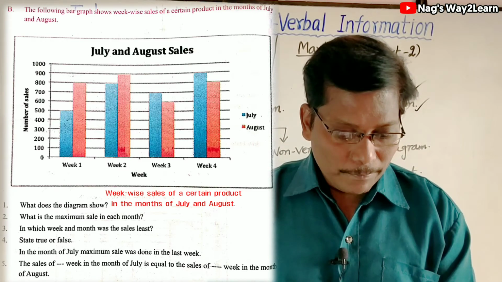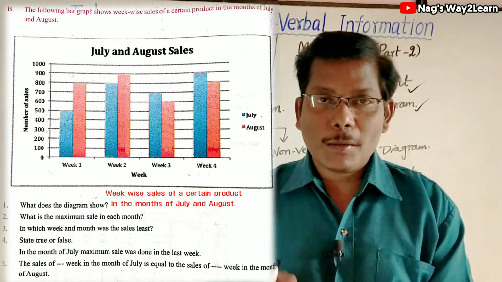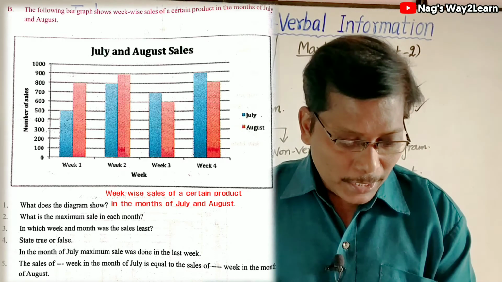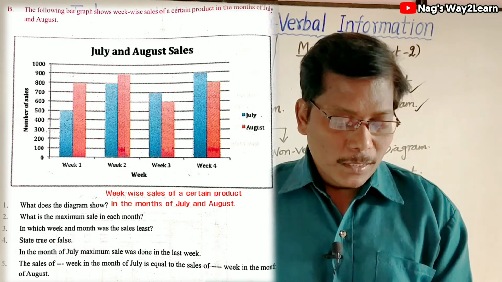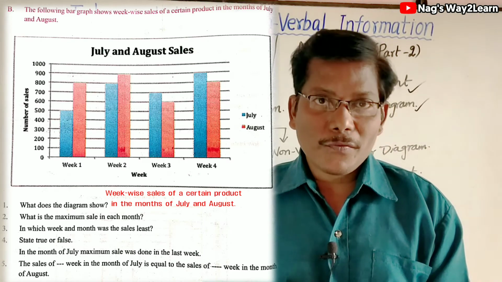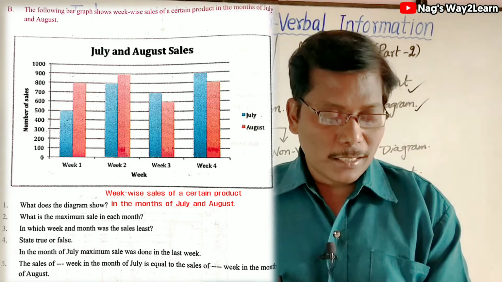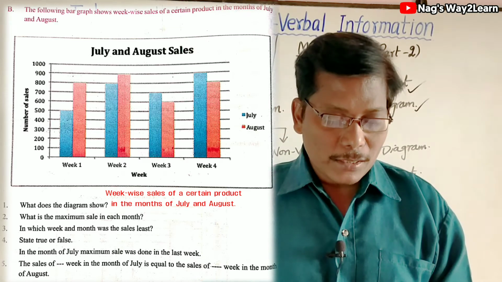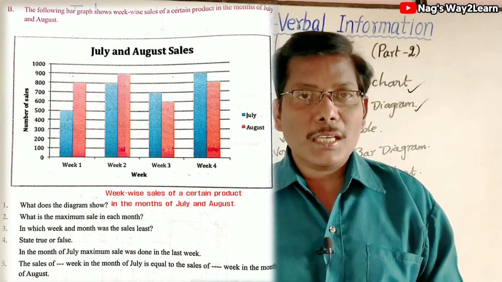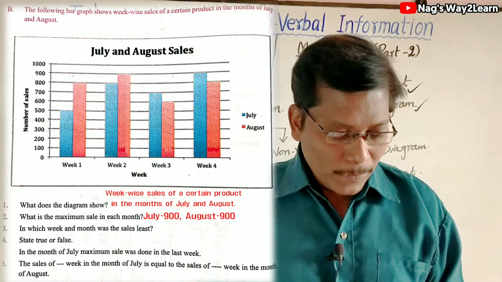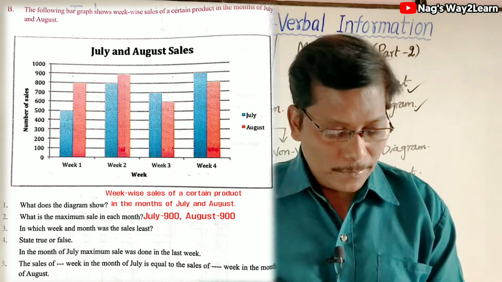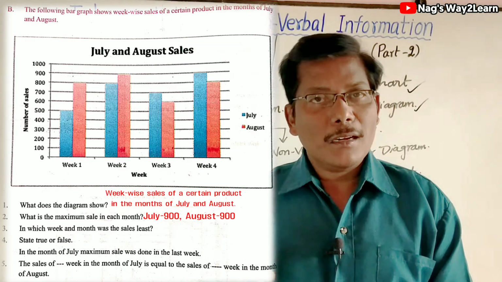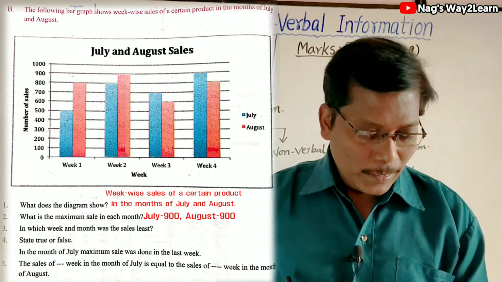So in July the maximum number of sales is 900, and in August, in week 2, you can find the orange color, the maximum value is also 900. So in both months the maximum number of sales is 900. July 900, August 900.